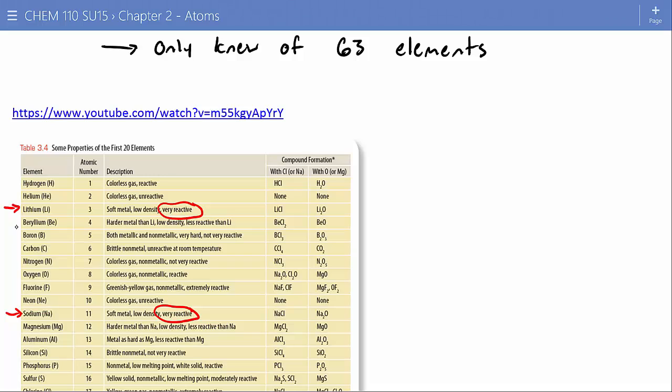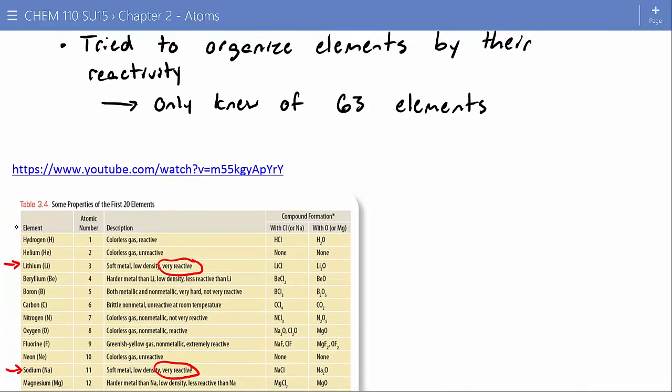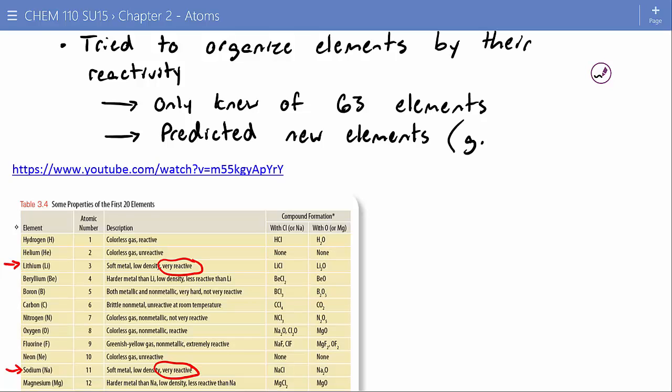And in some cases, those gaps were incomplete. He was predicting that there should be something there, but there's not. And so he actually predicted the discovery of new elements. They were just gaps in his table.